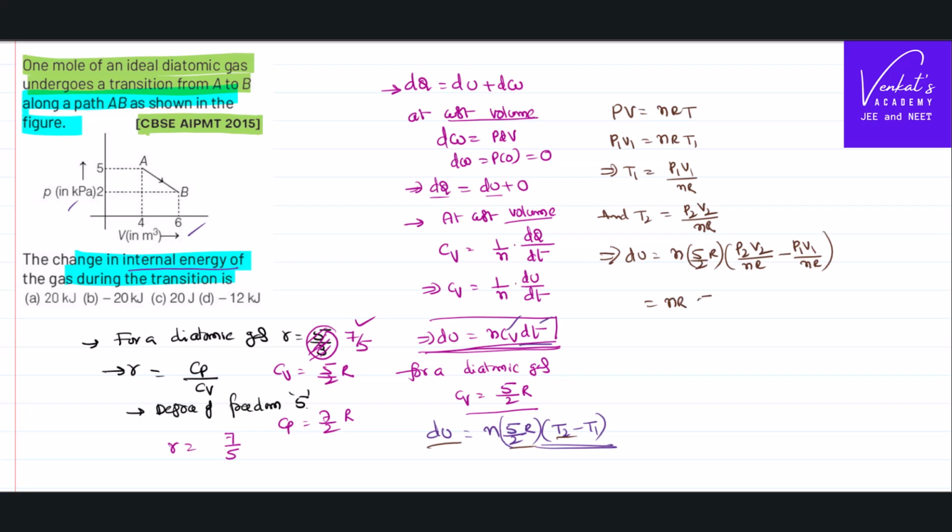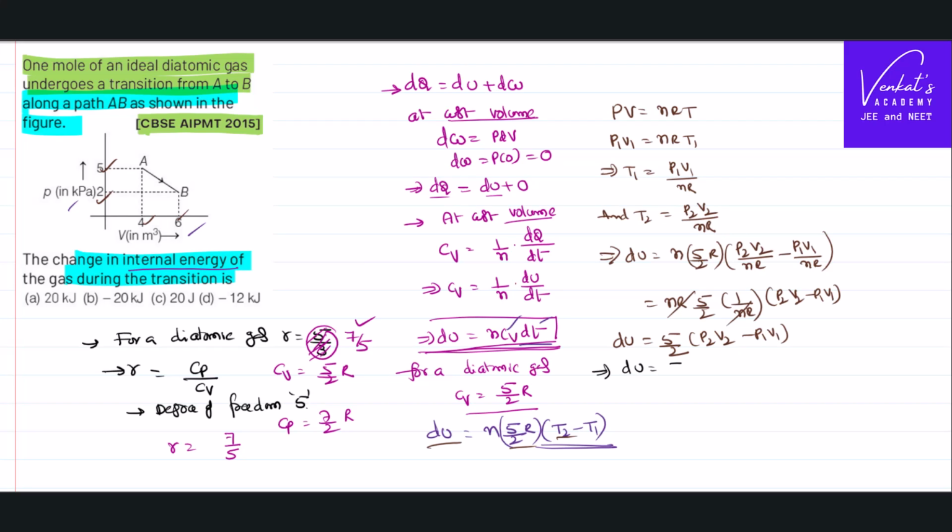So 1 by nR is common in these terms: P2 V2 minus P1 V1, and n and R get cancelled. So the value of change in internal energy du can be written like 5/2 times P2 V2 minus P1 V1, where the values of P1, P2 and V1, V2 are given for you in the problem. Let us just substitute the data and see what the answer is.